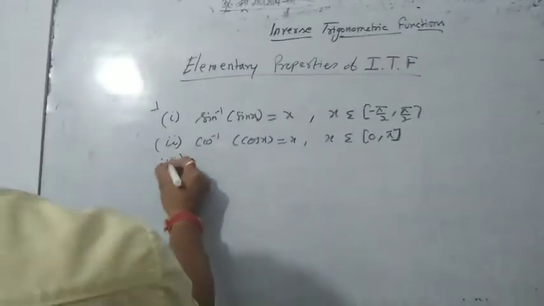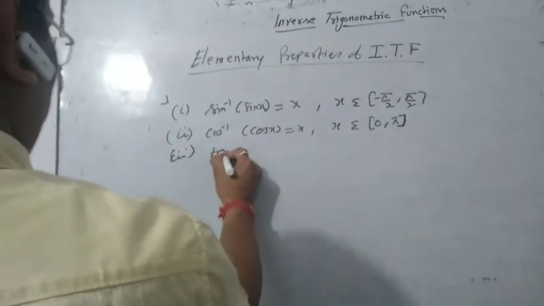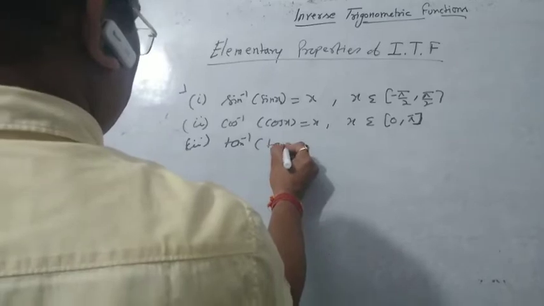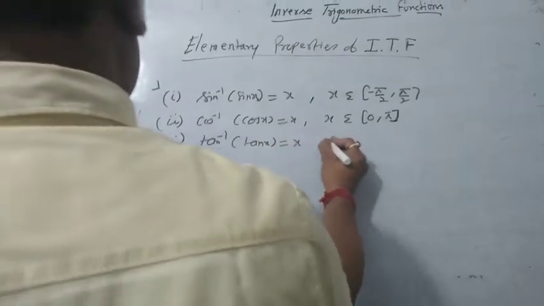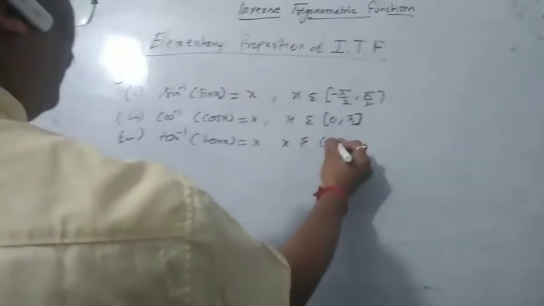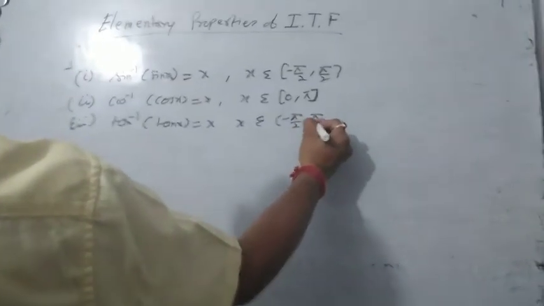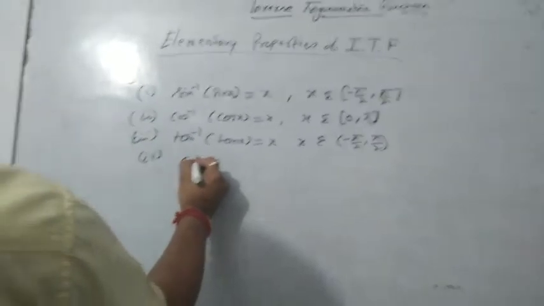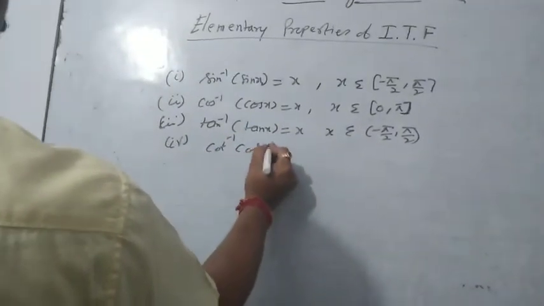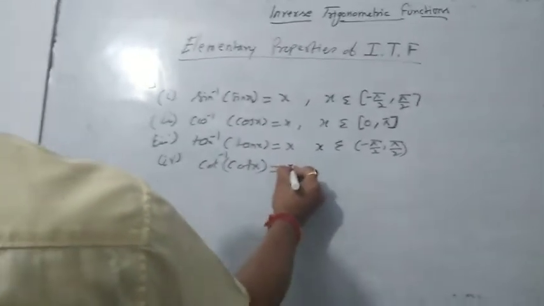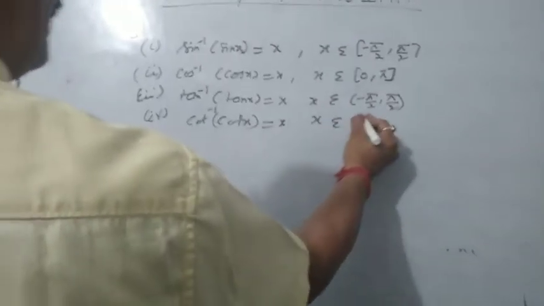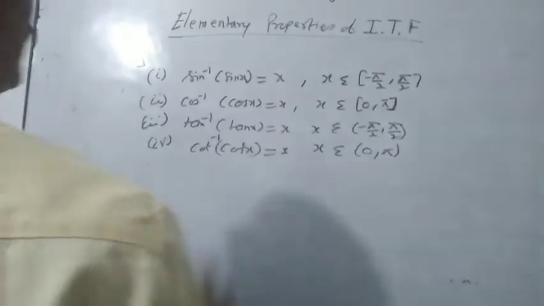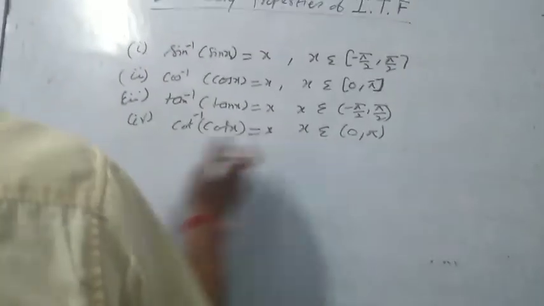Third, tan inverse tan x is equal to x, where x is an element of minus pi by 2 comma pi by 2. And fourth, cot inverse cot x is equal to x, where x is an element of 0 comma pi. This is also the principal branch.